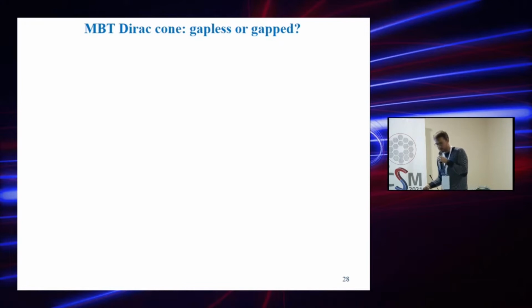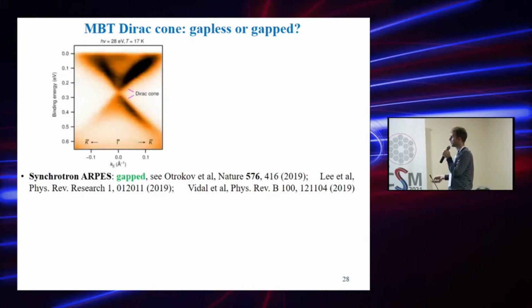Very soon after MBT was reported as an antiferromagnetic TI, there appeared a very intense discussion of whether this material has a gapped or gapless Dirac cone.